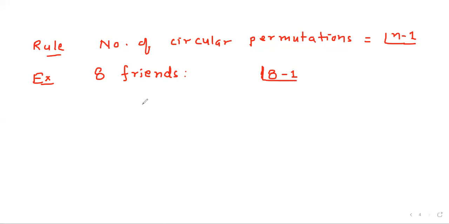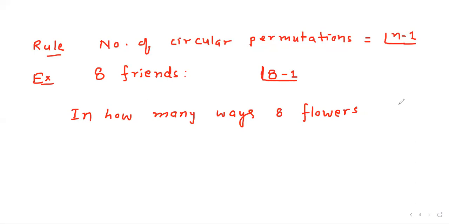Now let's see another example where the distribution is non-distinguishable. Suppose the question is, in how many ways can 8 flowers be arranged in a garland?